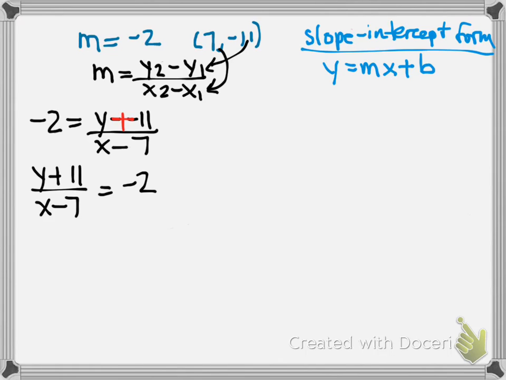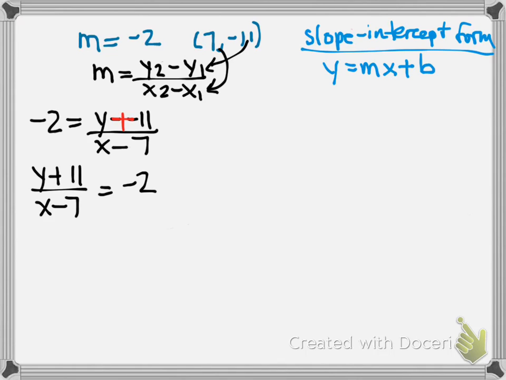But the problem is that all I should have on the left side is a y, and I've got a y and an x. So what can I do next to get this equation on the left in black to look like the blue equation in the upper right? Don't be shy, McKenna. You multiply x minus 7 times.